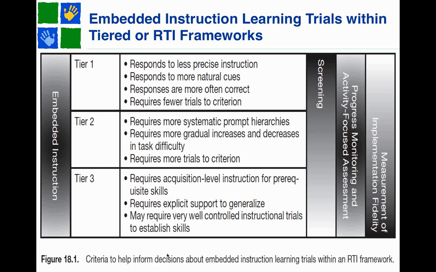And when you use embedded instruction as part of Tier 1 instruction, children generally need to be able to respond to less precise instruction and to more natural cues and consequences.